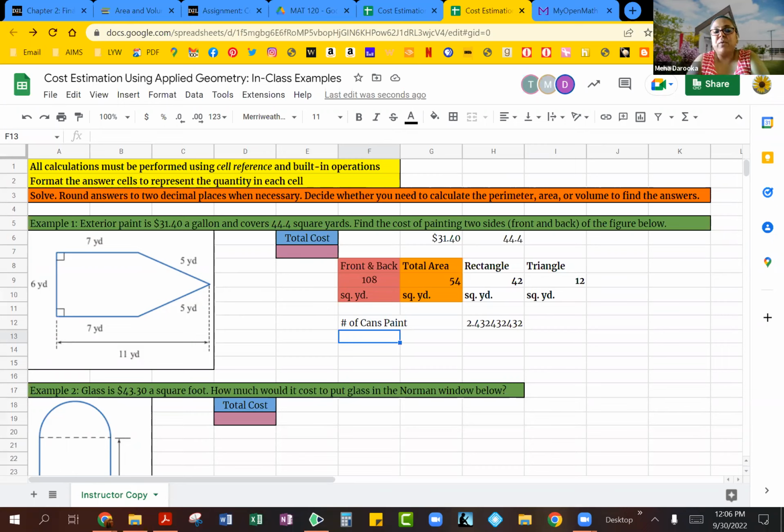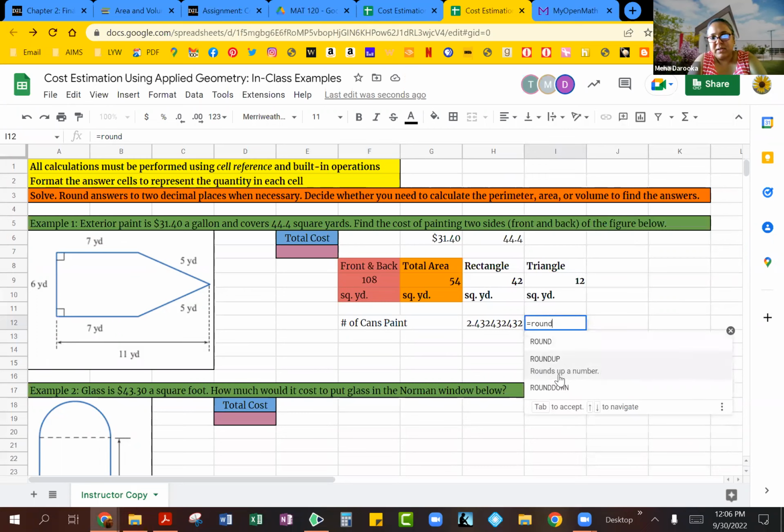Now, if they were able to give you exactly the quantity that you want, then maybe we could do something about that. But if we don't know, that obviously means you're going to round up this answer, and you will end up buying 3 cans of paint.